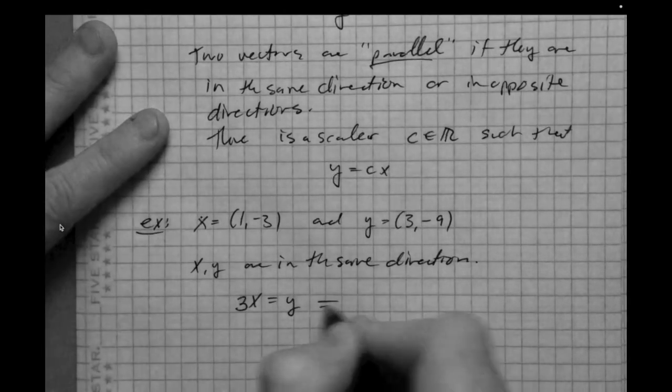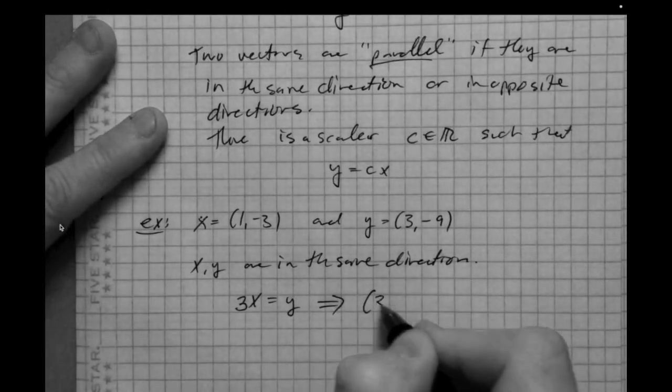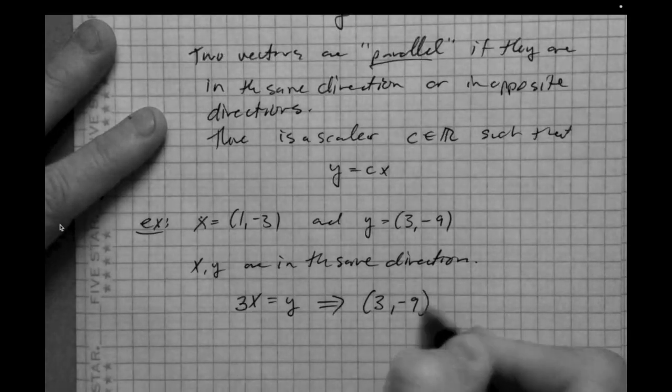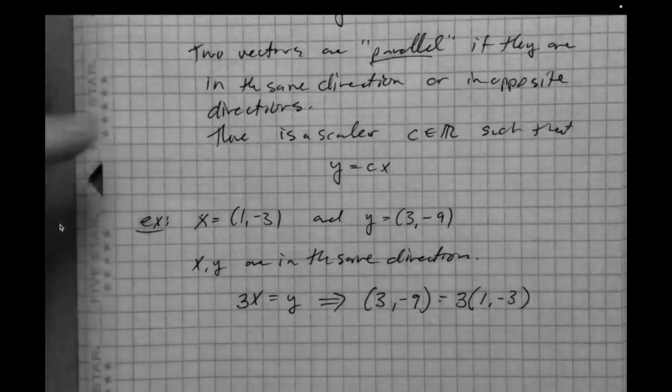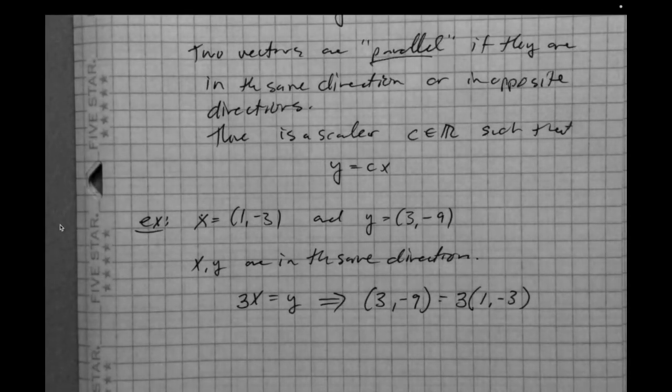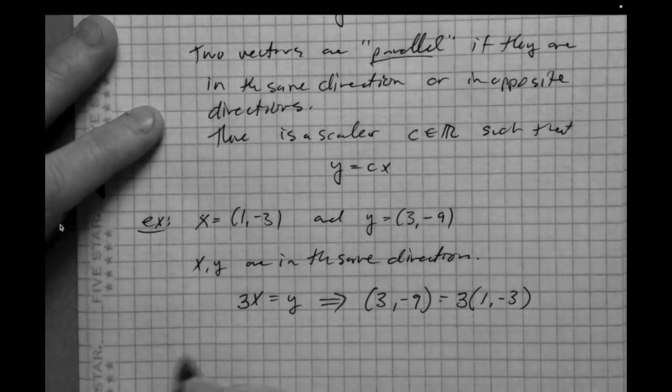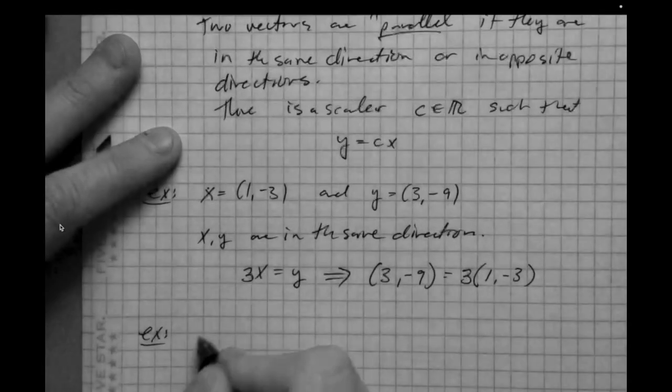Basically you can see here that (3, -9) is equal to 3 times (1, -3).